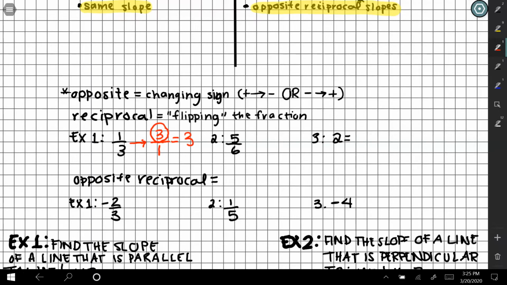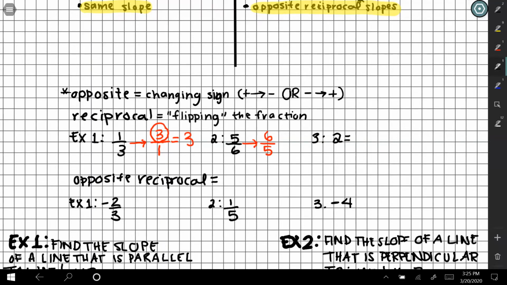So same thing for number 2. I'm going to draw my arrow, my fraction bar. 6 is at the bottom, it's going to move to the top. 5 is at the top, it's going to move to the bottom. Alright, before we find the reciprocal of number 3, I'm going to rewrite it as a fraction.